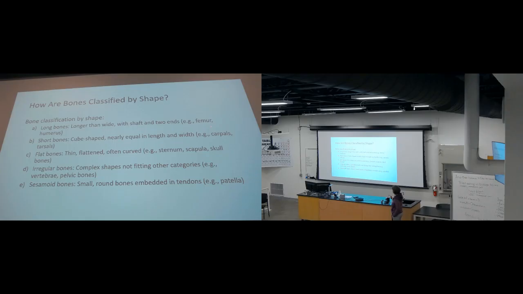Examples of long bones will be the longest bone in our body, which is the femur, the bone of the thigh, and the bone of the arm, which is the humerus. But with the exception of the bones in the carpal area and the bones in the tarsal area, all the bones in our limbs are long.